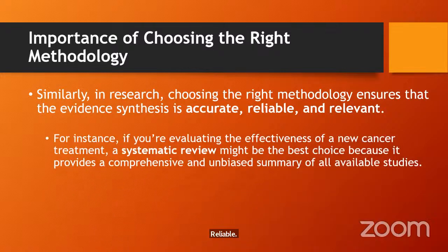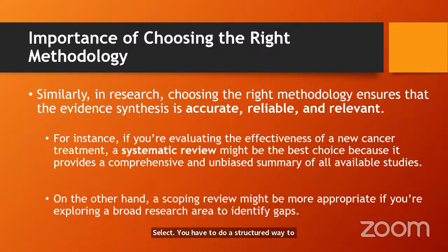For instance, if you are evaluating the effectiveness of a new cancer treatment, a systematic review might be the best choice because it provides a comprehensive and unbiased summary of all the available studies. There might be hundreds of studies, but you have to select in a structured way to do that systematic review.